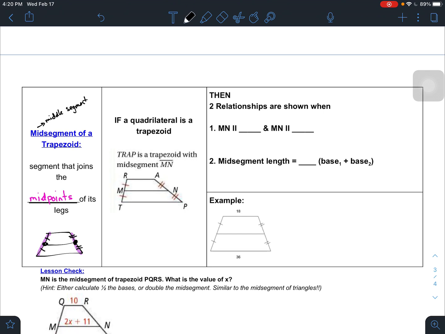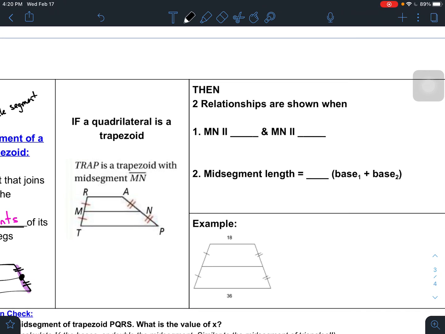So here are the relationships that are shown. If a quadrilateral is a trapezoid, and in this case we have a mid-segment, MN will be parallel to RA, and MN is parallel to TP.